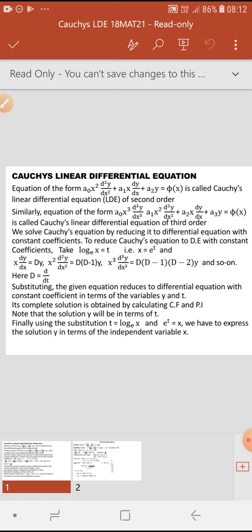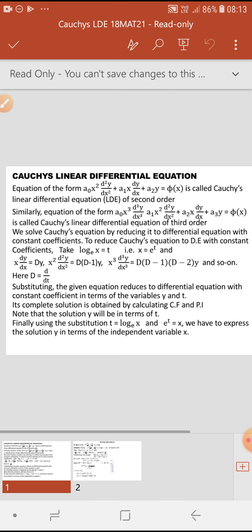Now let us see how to solve this Cauchy's linear differential equation. To solve it, we reduce the equation to a differential equation with constant coefficients. To do this, we make a substitution in the given equation.